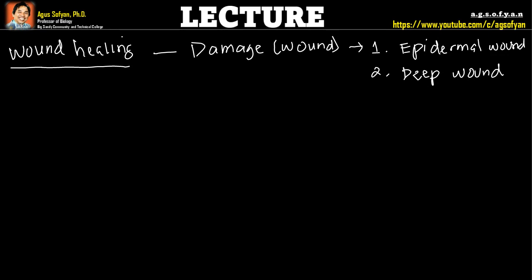Epidermal wounds will be really easy to heal because the epidermis cells will be replaced very fast, so it will heal very, very fast. But the deep wound is a little bit different.